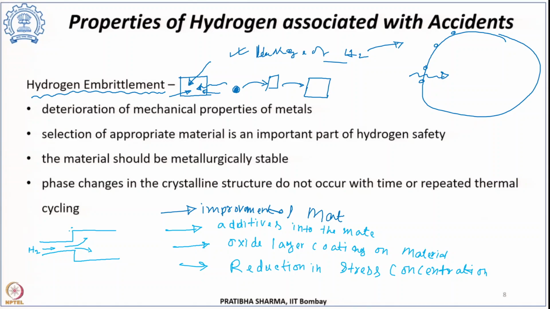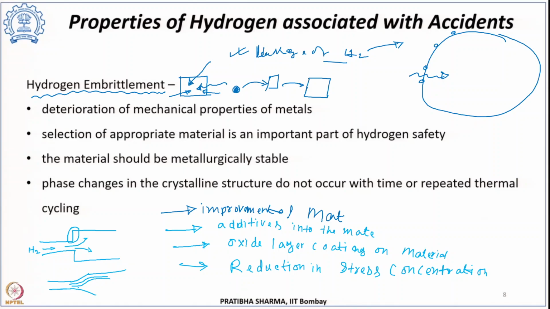In that corner, the generation of the stress will be very high. When hydrogen or any liquid flows, the stress concentrations will be very high in this zone. But when you design the pipe this way, you smooth or fillet this portion, and the stress concentrations will be lower.